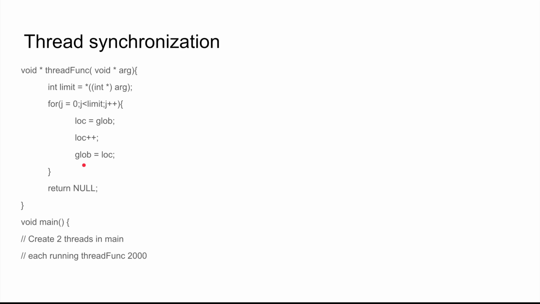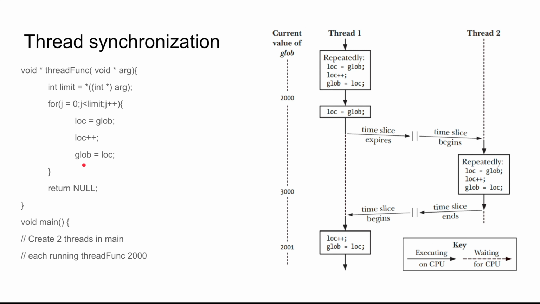To understand this better, let's look at this diagram. Here we can see there are two threads running. Let's assume the first thread gets the CPU. It starts updating the global variable and does so till the global variable reaches a value of 2000.